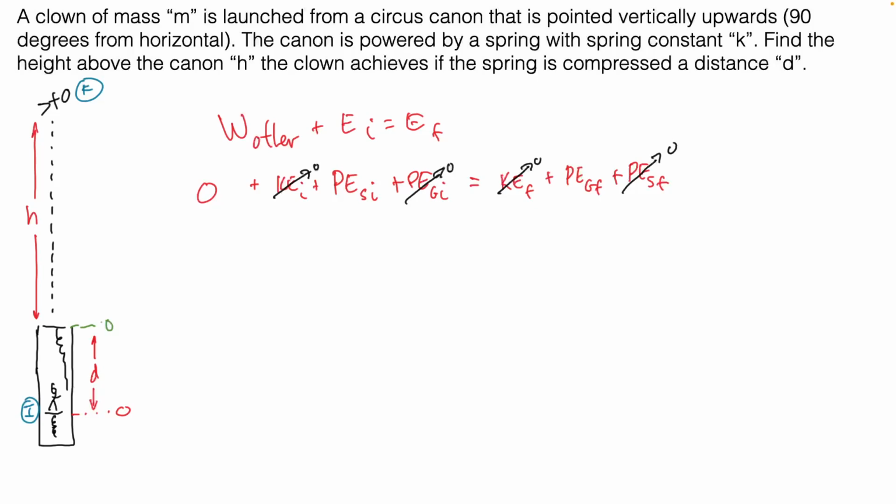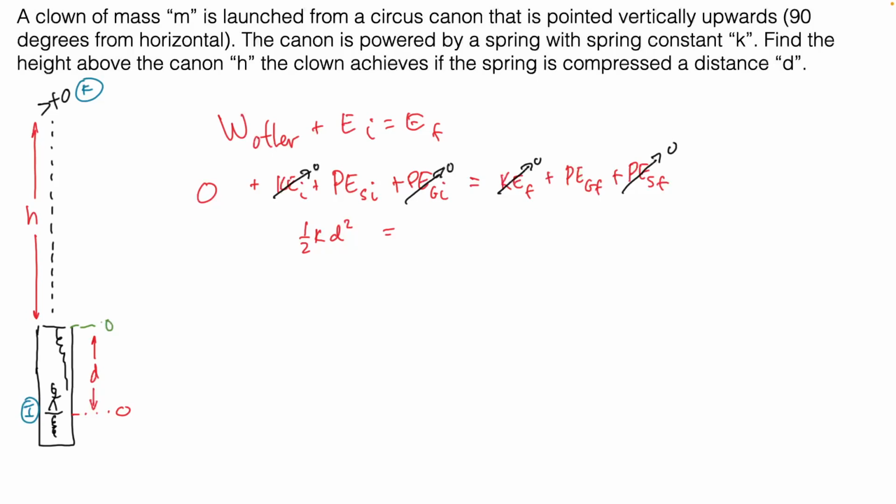All right, so what do I write down for potential energy of a spring? Kind of gave this one away already. 1/2 K x squared, but how far is the spring compressed in our problem? The distance d, so instead of x, we'll use d. All right, and then that equals, and then on this side, what do I put?